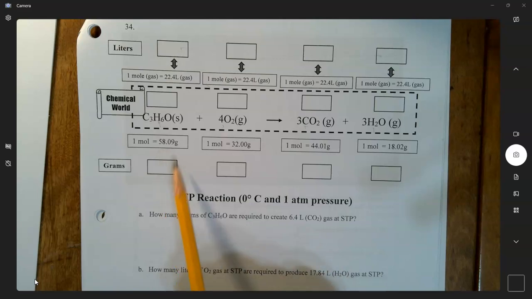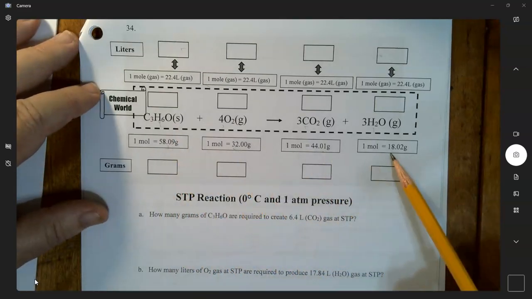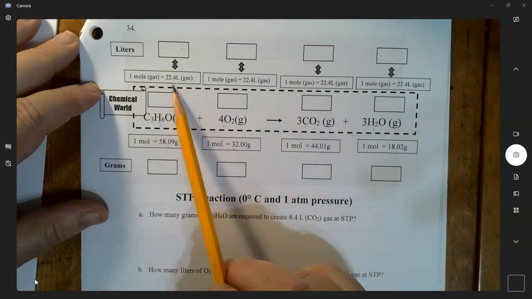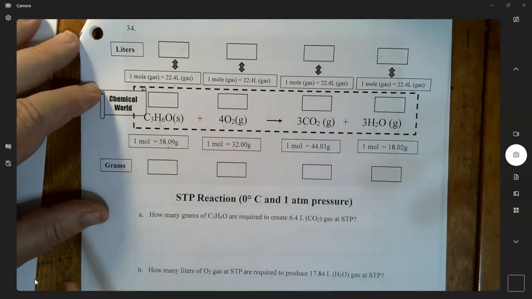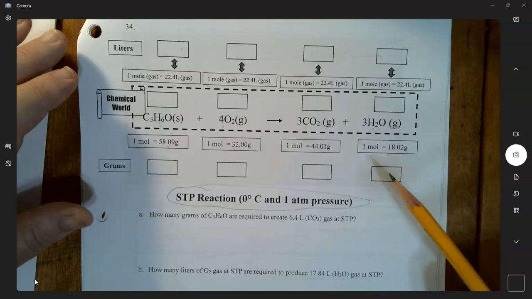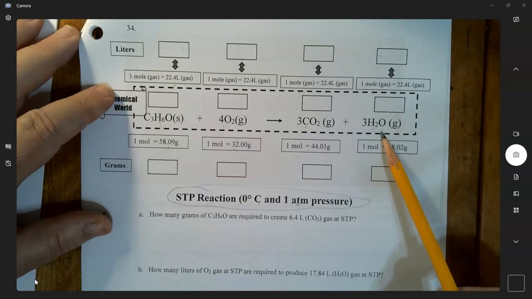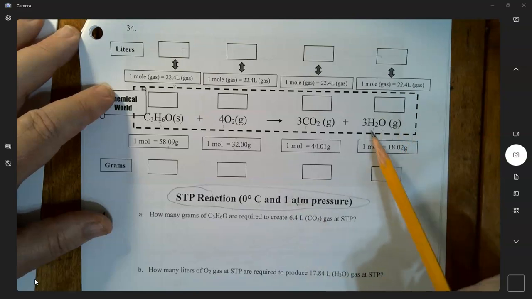Here are the molar masses for each of these, so you have to have that. And for gases, it's always the same at standard temperature and pressure. I wrote that that's what this is at, and they'll give that to you if they want you to use this property. That's 0 degrees centigrade and 1 atmosphere of pressure. Now I realize this is really not going to be a gas, but we're just going with it here.